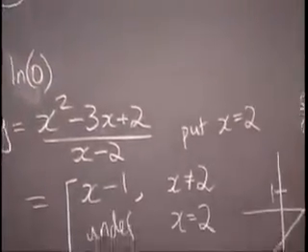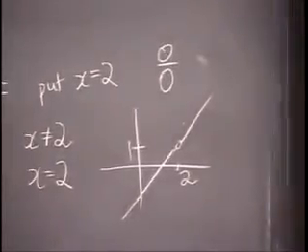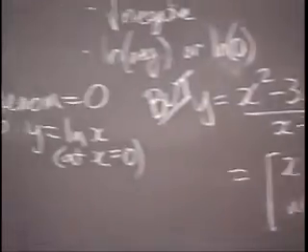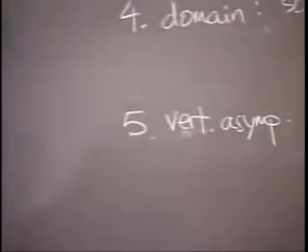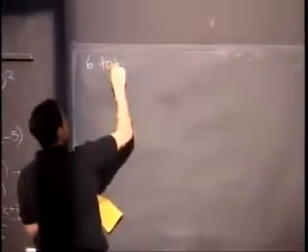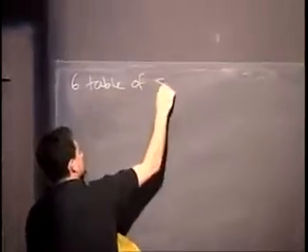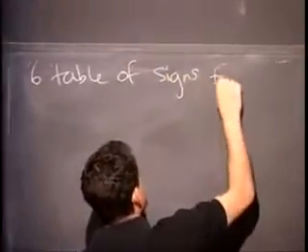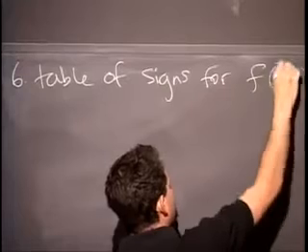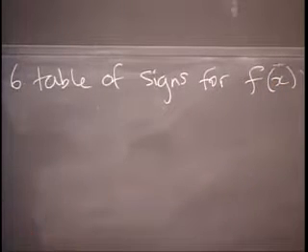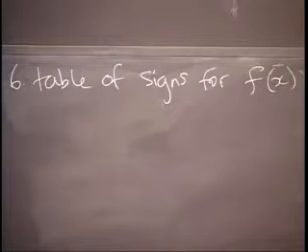All right. So continuing on with the method, we're almost halfway there. Step 6 is to draw up a table of signs for f of x. And I already talked quite a lot about how to make a table of signs, so I'm not going to do that again.